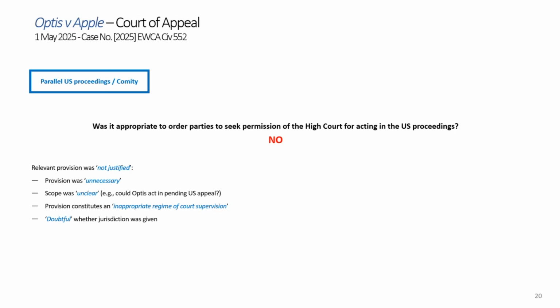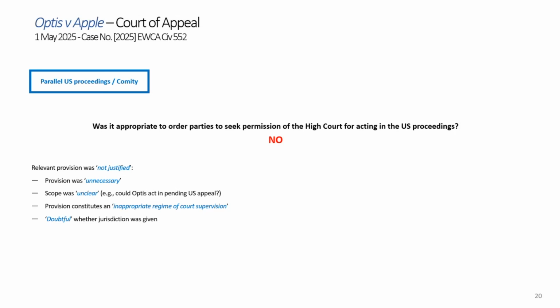So the question was, was it appropriate to make this order here? And the Court of Appeal found that the High Court was not correct in doing so. This provision was seen as not justified and unnecessary, and also unclear because it was not clear whether it, for example, included the pleadings of Optis or acting in the pending US appeal proceedings.